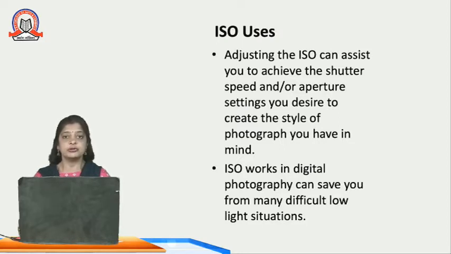If you want to shoot in low light conditions, the high ISO setting is very useful for photographers. In difficult situations, the press photographer or any creative photographer can take advantage of the ISO setting and he or she can create better pictures.